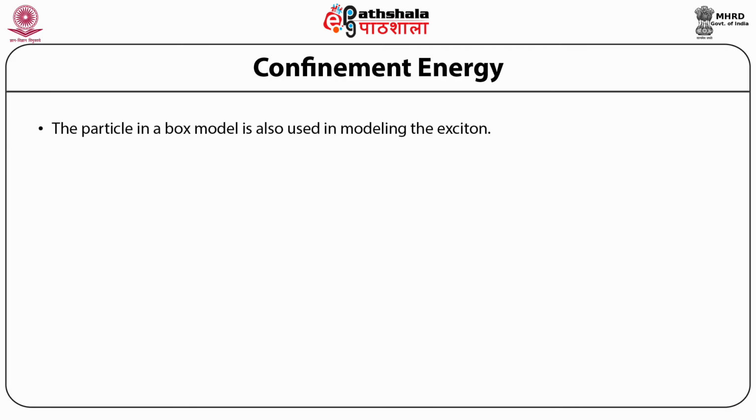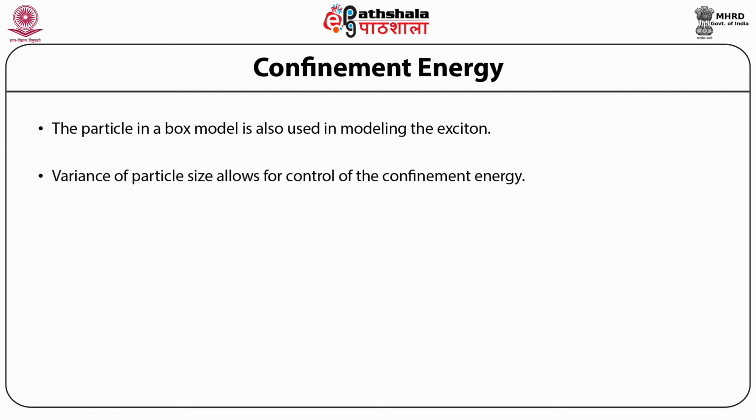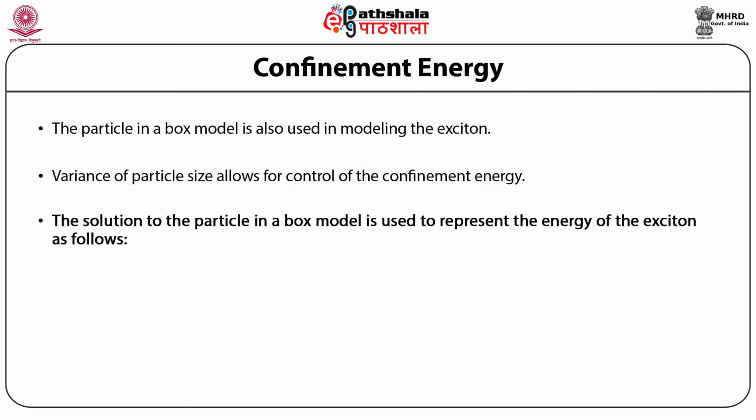A particle in a box model can be used to model an exciton. The variations in particle size allow us to control the confinement energy, and the solution of the particle in a box model represents the exciton energy, which is as follows.